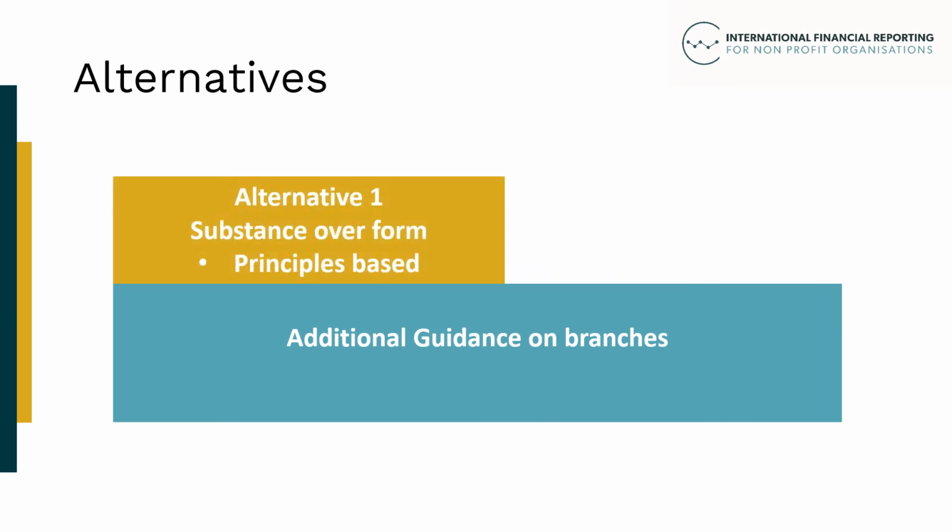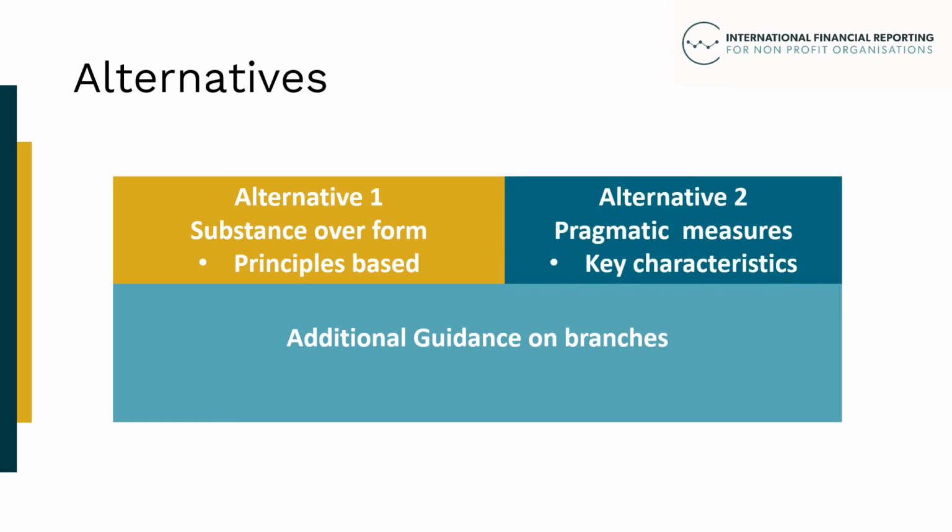Alternative 1 is based on a principles-based approach to determine control over activities. This alternative uses the substance over form principles included in the IFRS standard and IPSAS. This would explain how the principles should be applied and appropriate disclosures. Disclosures would provide information to understand the structure, risks, and impacts of any branches operating within an NPO.